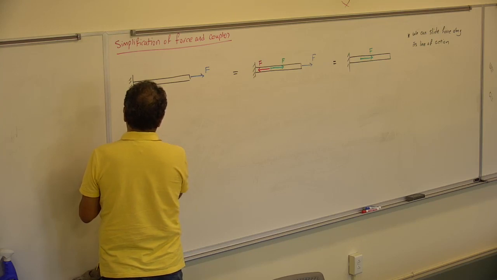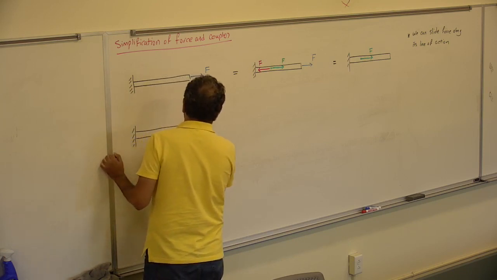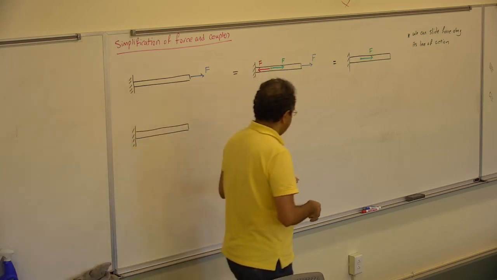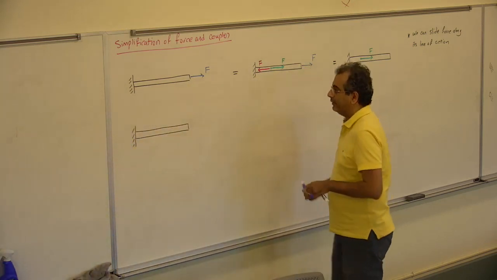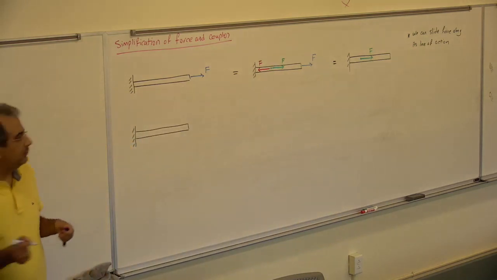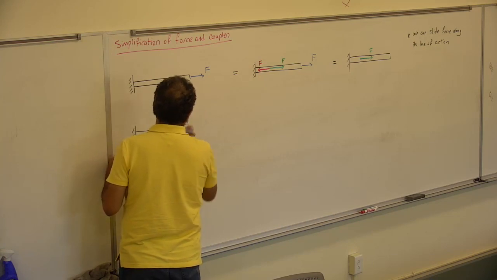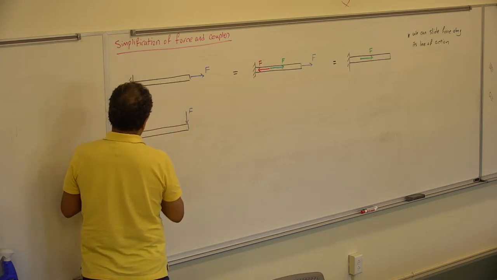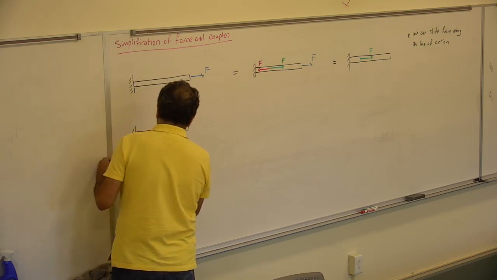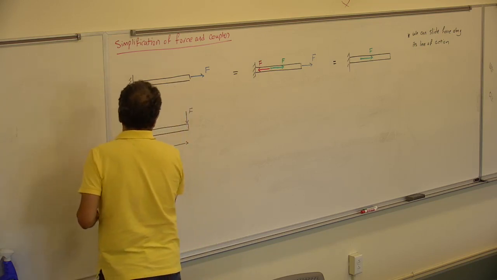Again I have a beam. This time, instead of having it in the direction of that, I'm going to put the force there. We call this point O, and call this distance D1.